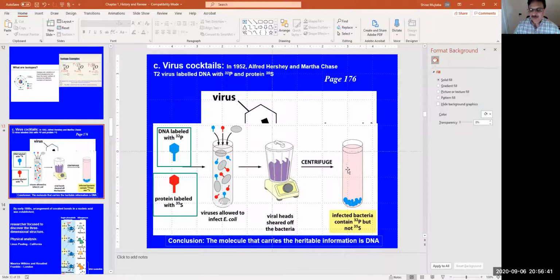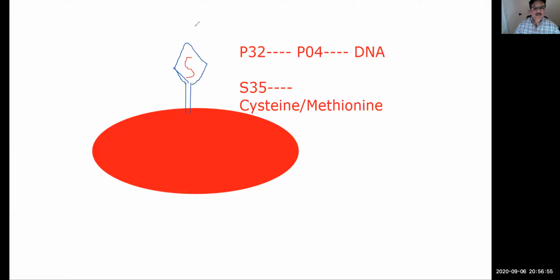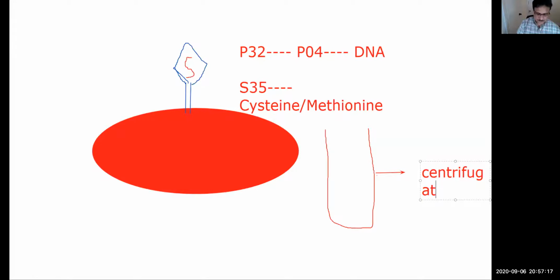So scientists made a mixture of bacteria infected with bacteriophages, and this was centrifuged. What do I mean by centrifuge? They took the bacteria plus bacteriophage in a test tube and put this test tube for centrifugation.